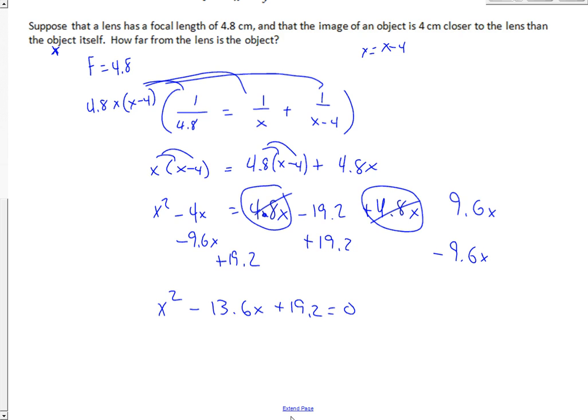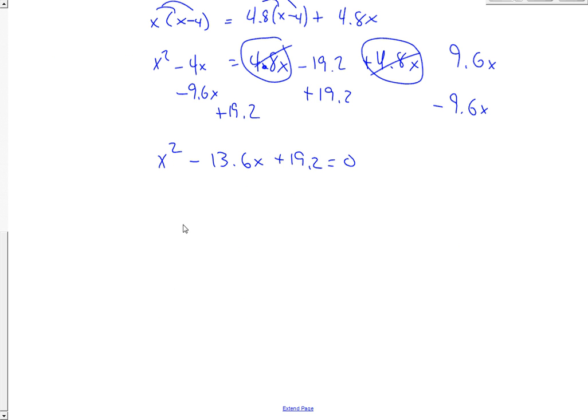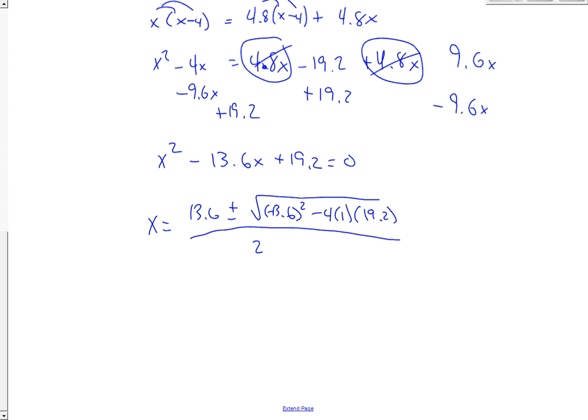No need to worry about the decimals. I can just use the quadratic formula. So x is equal to positive 13.6 plus or minus the square root of negative 13.6 squared minus 4 times 1 times 19.2 all over 2 times 1.